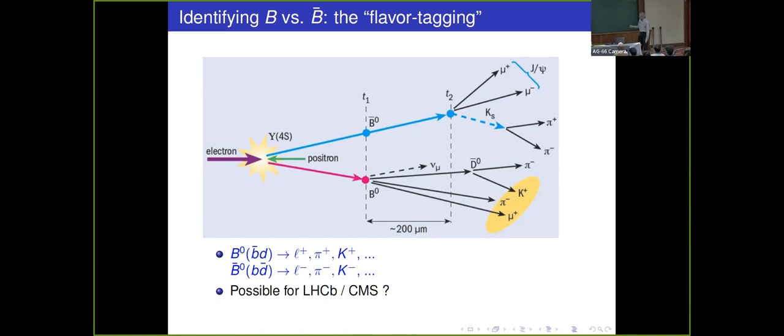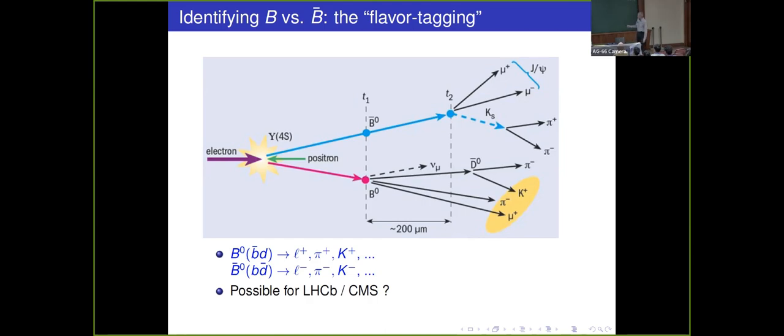The fact that you get a mu plus is a strong indication that you have to start from B0. You could try drawing Feynman diagrams. You will see that a B0 will always give a mu plus, whereas a B0 bar will give a mu minus. Okay. So once you have a positively charged muon, you know that this particle was a B0.